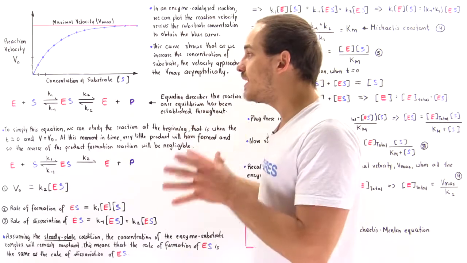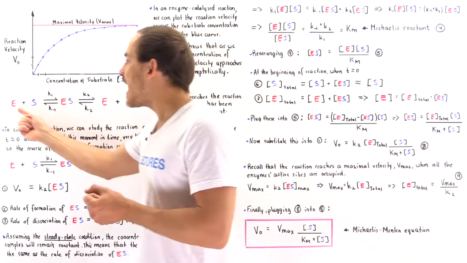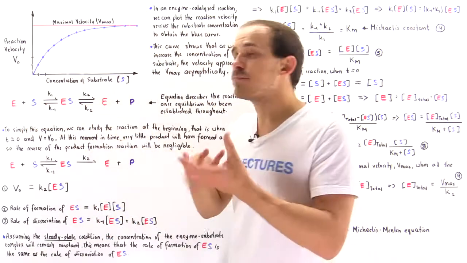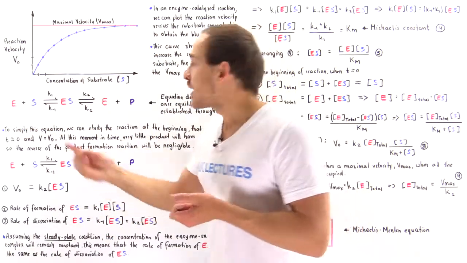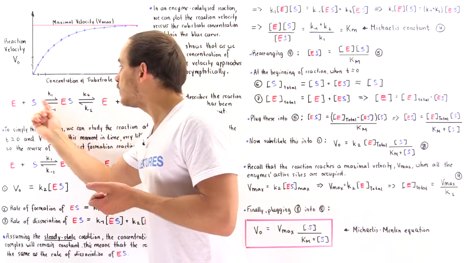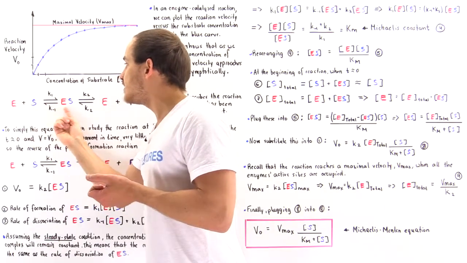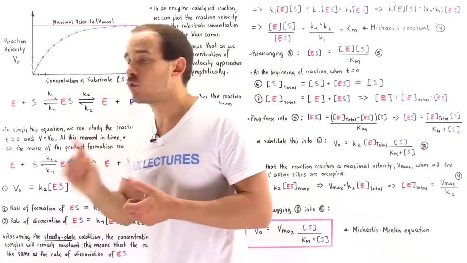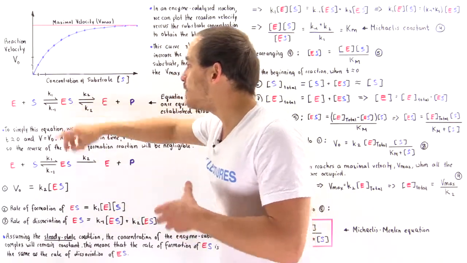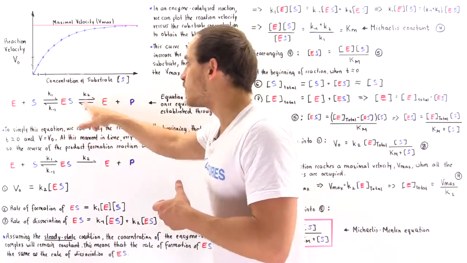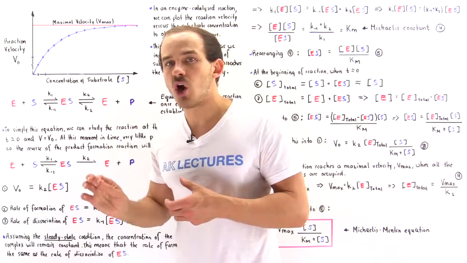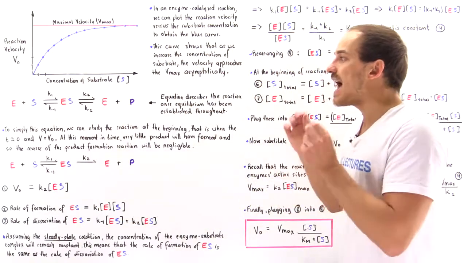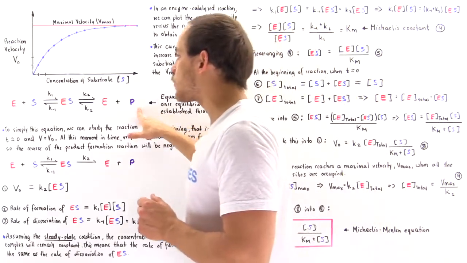Right at the beginning, the enzyme binds onto the substrate, and this takes place relatively quickly. So equilibrium is established quickly between these and this complex. But the enzyme converts that substrate to the product relatively slowly. At least initially, we don't form a lot of the product.